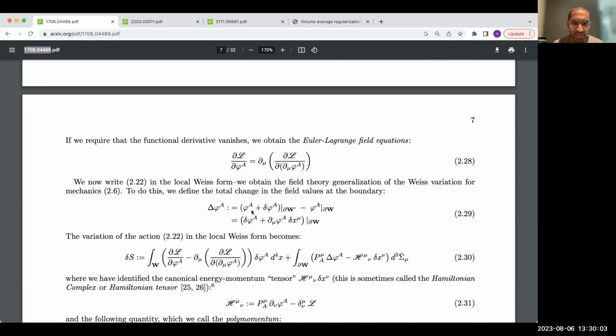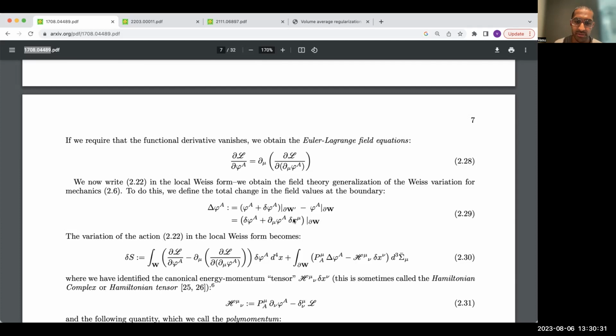So what do we mean by that? Basically we mean by big delta that we're going to take phi plus delta phi at the varied boundary, that is partial w prime, minus phi at the original boundary. Okay, and just like before, in addition to being delta phi, that also includes the following term, which is the derivative of phi dotted with delta x, right?